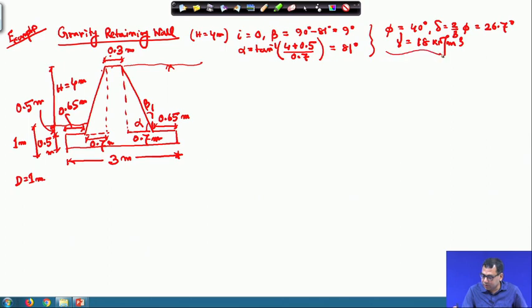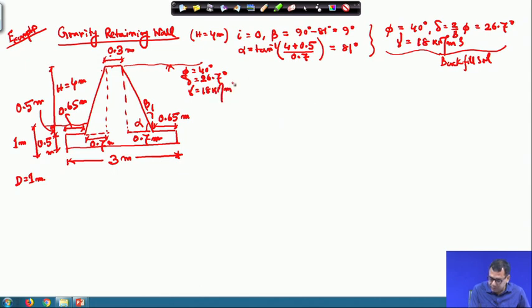So, these are all backfill soil properties: phi 40 degree, delta 26.7 degree and unit weight 18 kilonewton per meter cube.